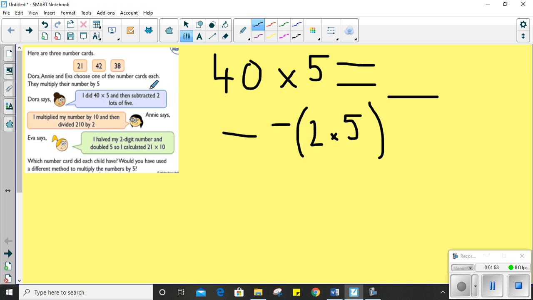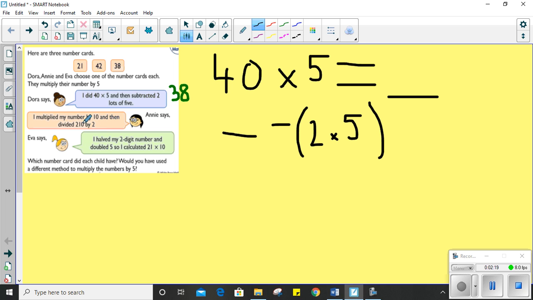Right, I think that Dora used 38. Because if she took 40 and multiplied by 5 and then took 2 lots of 5 away, that's the same as 38 multiplied by 5. Yeah, I'm pretty sure about that one. Right, we'll leave that there for now.